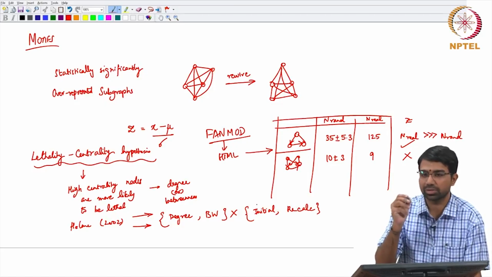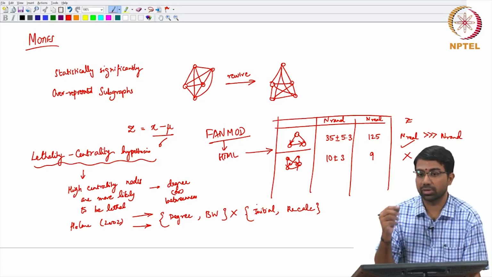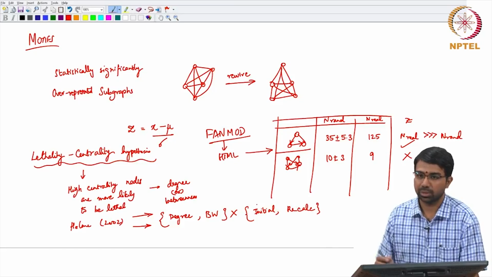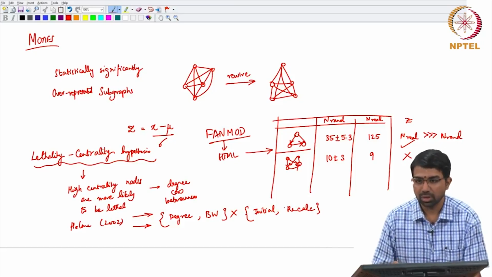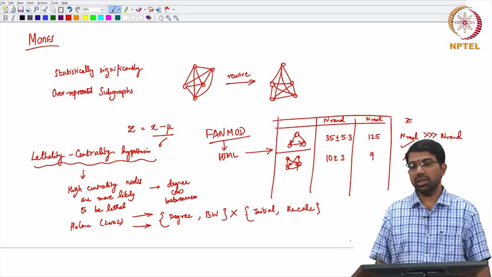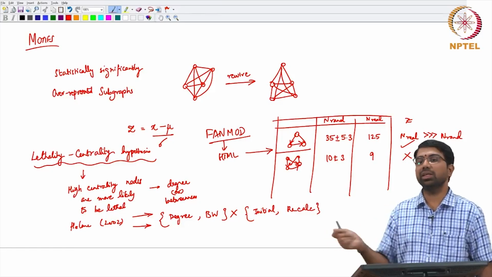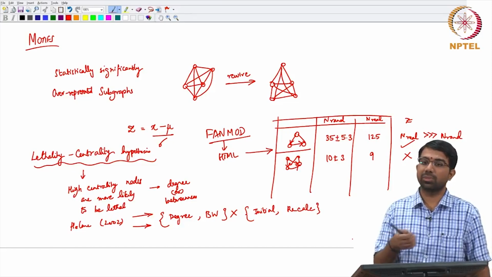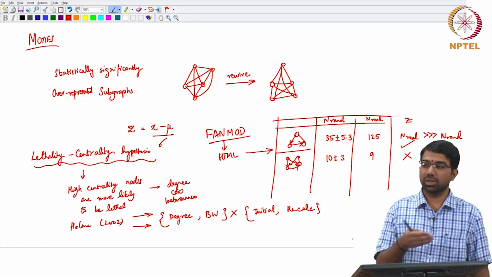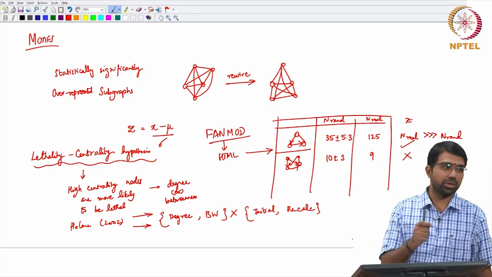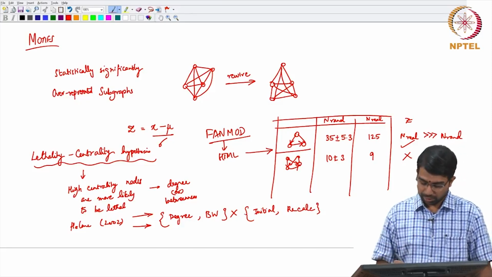So, initially you will have some degrees, right. So, some node will have a degree of 100, some node will have a degree of 95, 90, 80, 20, whatever. So, you remove based on that, or you could recalculate degree after every removal. When you remove the node with degree 90, it might take away a few other edges from the other nodes, right. So, the degree distribution will actually change after you remove the first node, right.